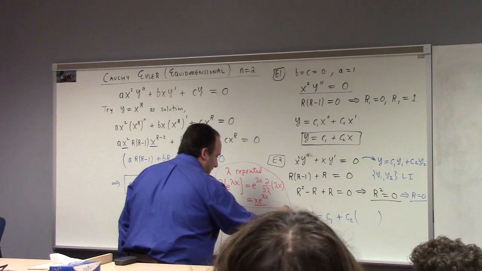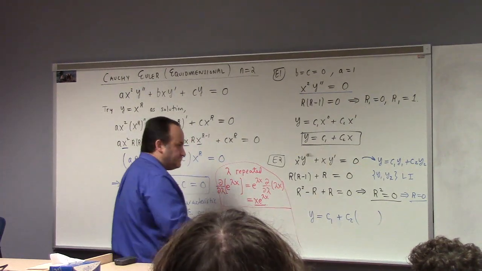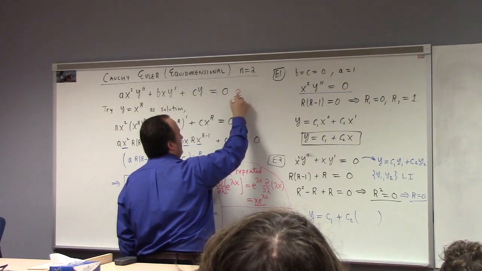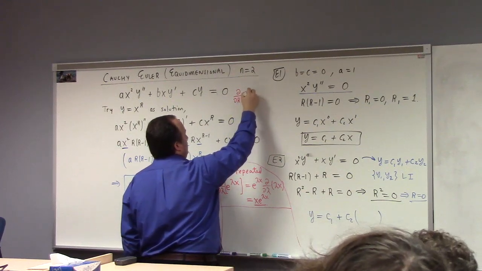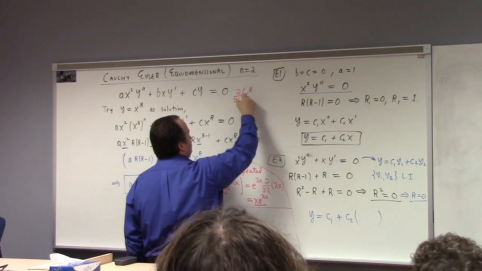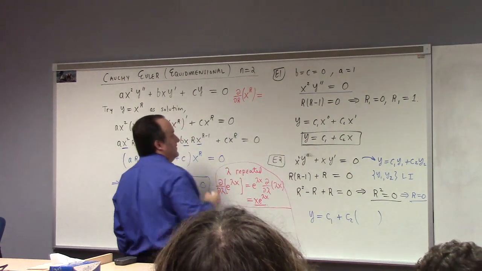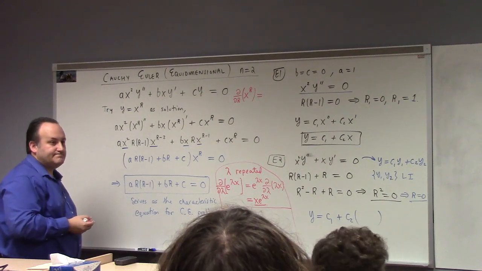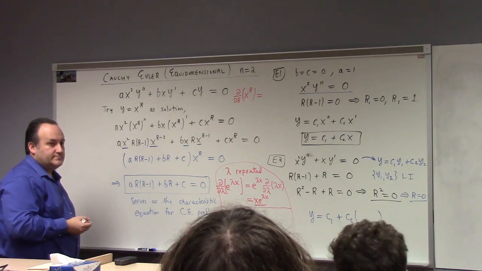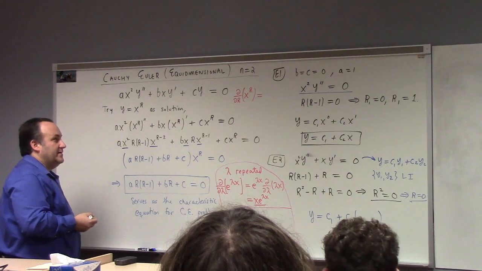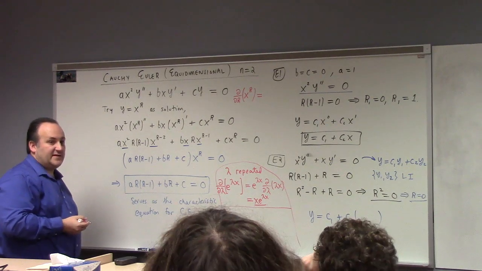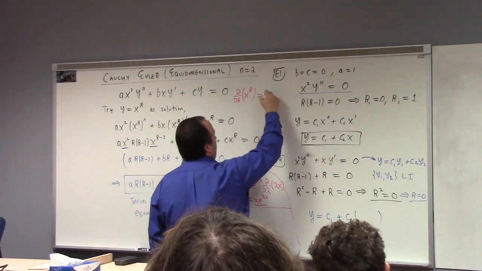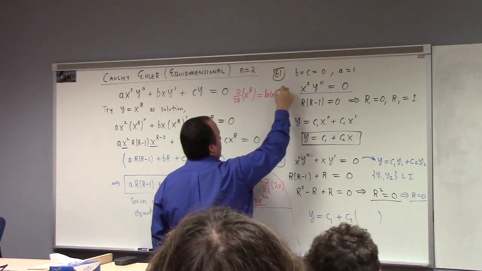So if we follow this idea for the Cauchy-Euler problem, I'll put it up here. We want to take the partial with respect to r of x to the power r. What does that look like? What's the partial derivative with respect to r of x to the r? Notice that the variable here is in the exponent. This is an exponential with base x. So we get log of x times x to the r.